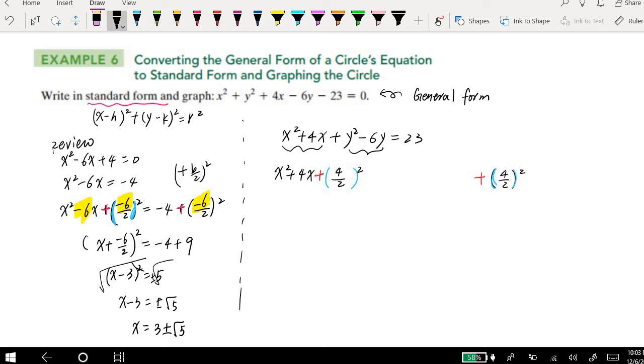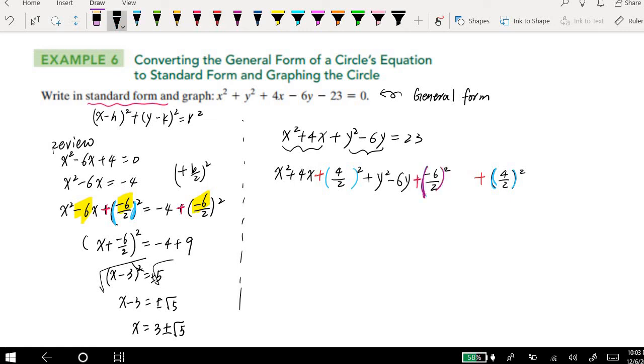Once we have this, we look at the second piece, which is plus y squared minus 6y. How do I complete the square for this? Again, add b over 2. In this case, b is negative 6, so negative 6 over 2, and then I'm going to square this.